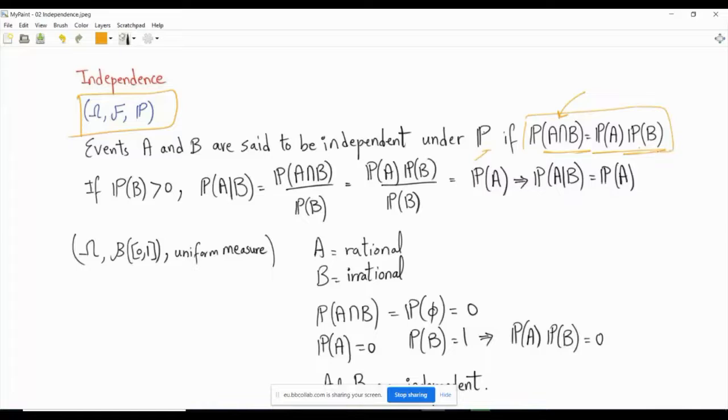So the main definition of independence is not something related to conditional probability. It may be related to conditional probability, but this is the main definition.